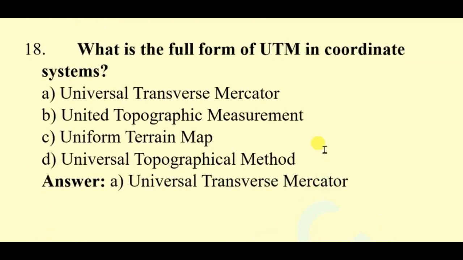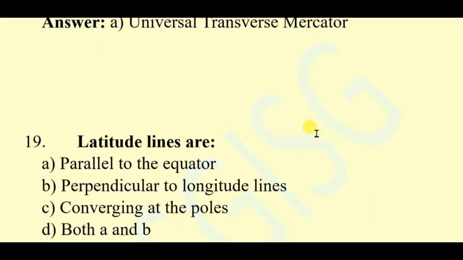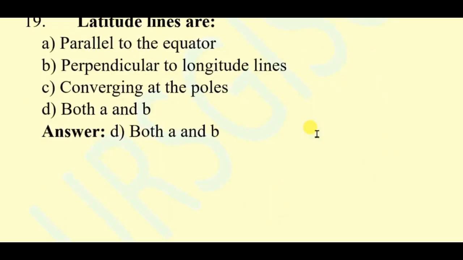Question number 18. What is the full form of UTM in coordinate systems? Universal Transverse Mercator, United Topographic Measurement, Uniform Terrain Map, Universal Topographical Method. Here the right answer will be Universal Transverse Mercator. Question 19.